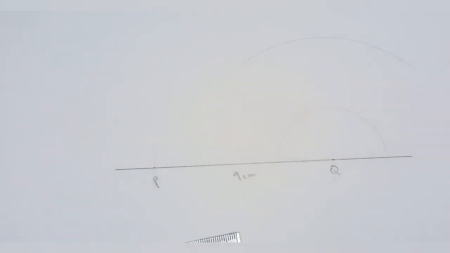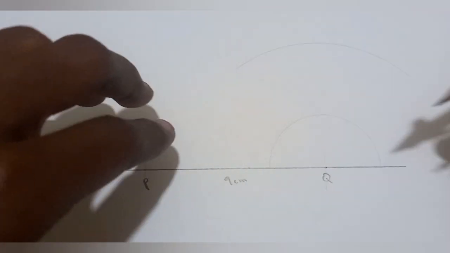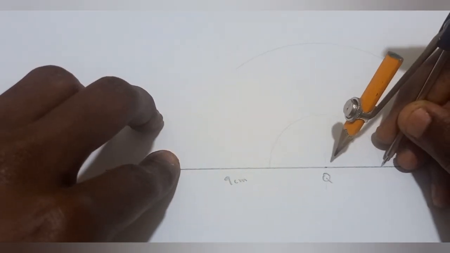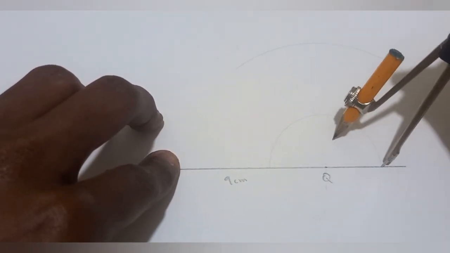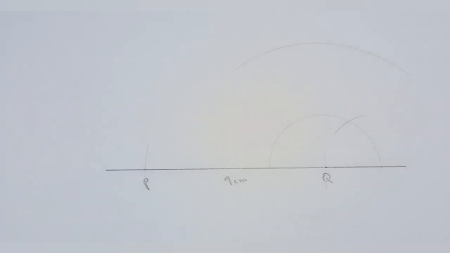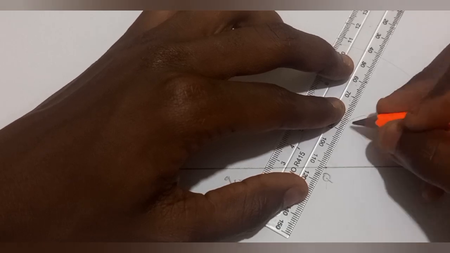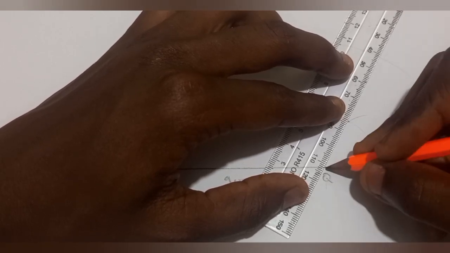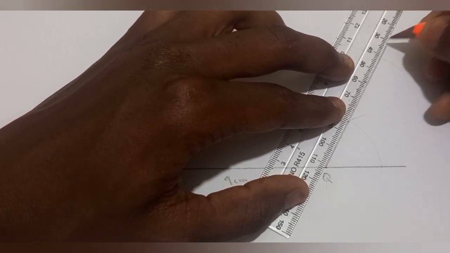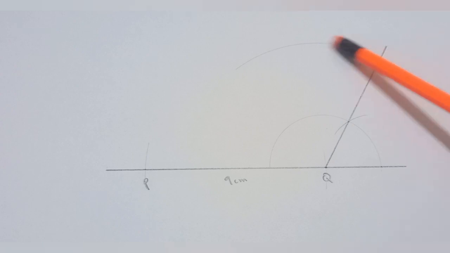Where will the angle be drawn? Left or right? Right, of course. That's good. With the same radius, we arc from this point to this pin point. Draw a straight line. It cuts the 7 mark.